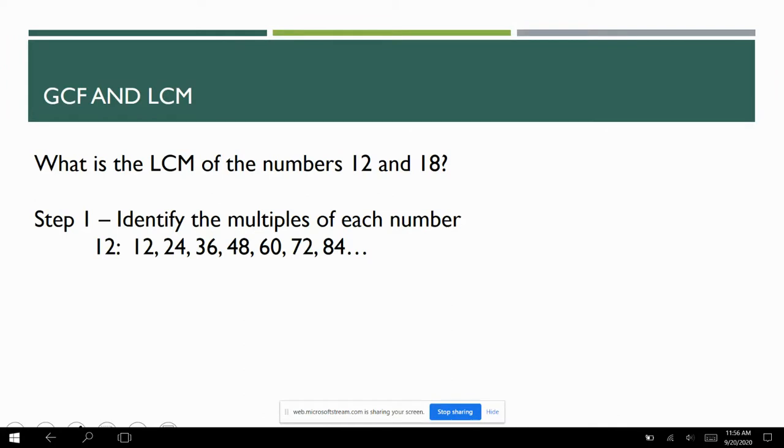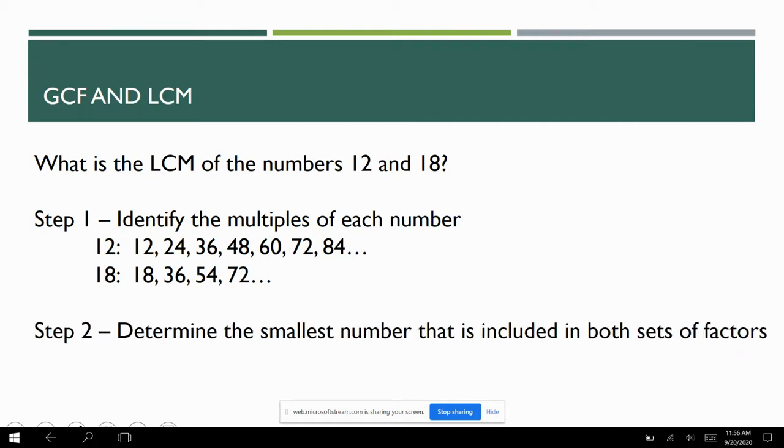So our multiples of 12 are 12, 24, 36, 48, 60, 72, 84. For 18, 18, 36, 54, 72. Well, now since we're dealing with least, we need to identify the smallest number that they share in common, and that smallest number that they share in common is 36. So the LCM of 12 and 18 is 36.